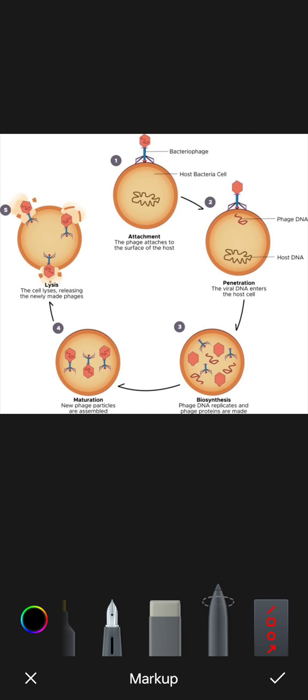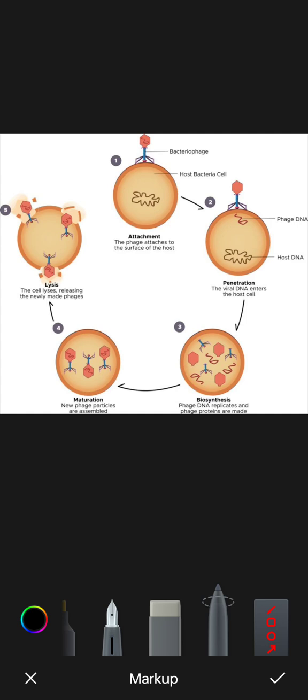These pins secrete an enzyme called lysozyme, which is responsible for the lysis of the cell wall of the bacteria. जब lysozyme enzyme release होता है, that helps in the lysis of the wall, and by lysis of the wall the minute holes are created by those pins.